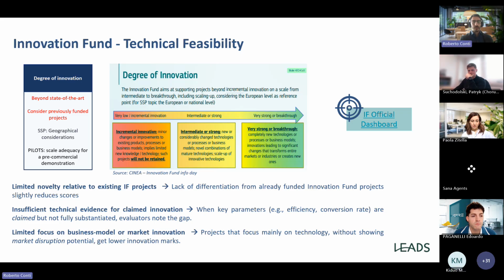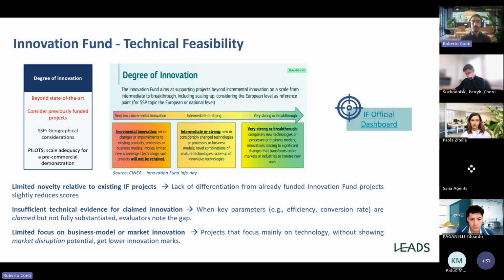Okay. So, if I understood your question, the first point about the geographical situation is that all companies can apply to the Innovation Fund, even if a company is not a European company, but you should have a legal entity in Europe, and the plant you are going to develop, so the technology and the plant, should be in European territory.